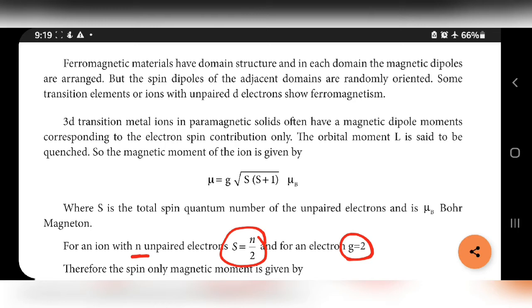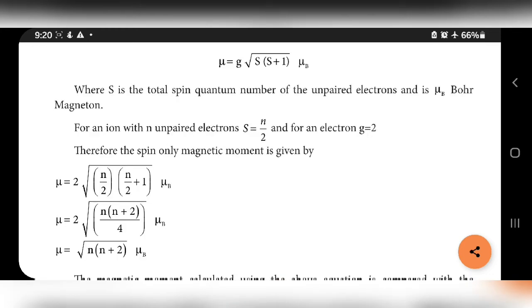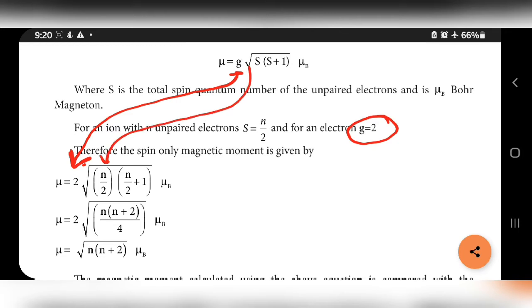If you substitute these values in our previous equation, instead of g you substitute 2, and instead of S you substitute n by 2 into n by 2 plus 1. If you simplify, you finally get mu is equal to root n into n plus 2 Bohr magneton.